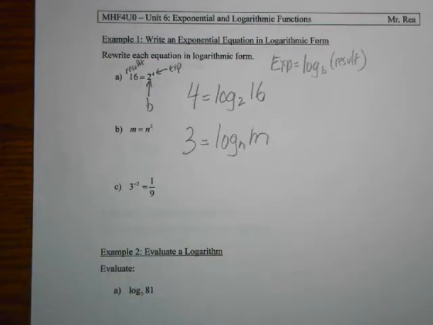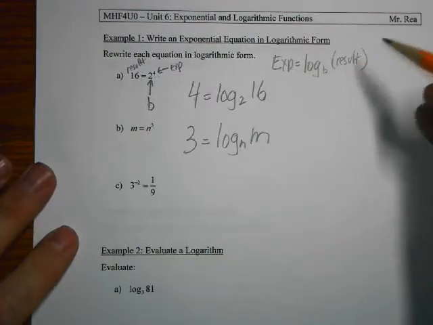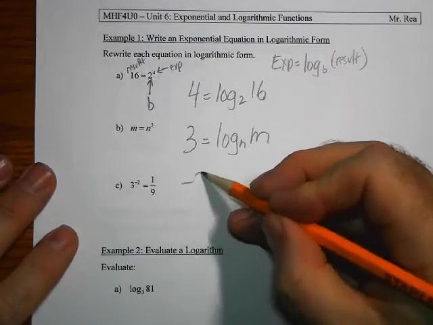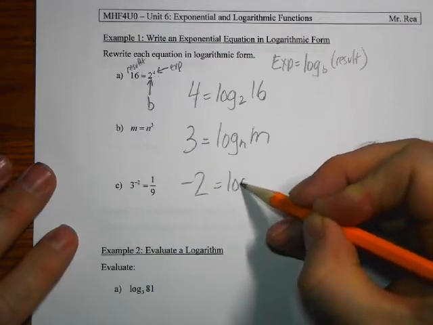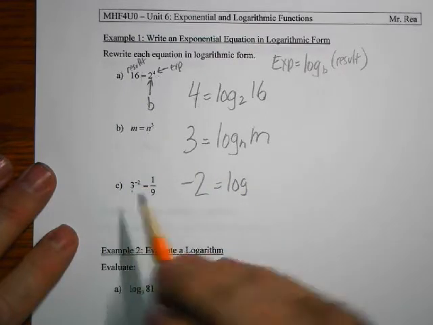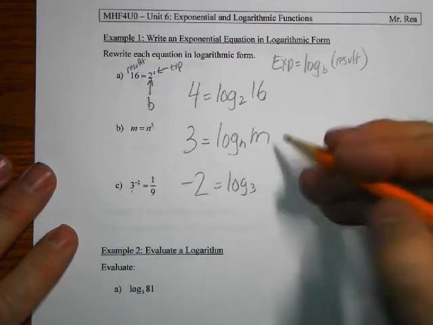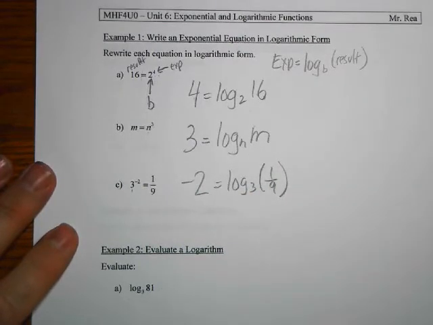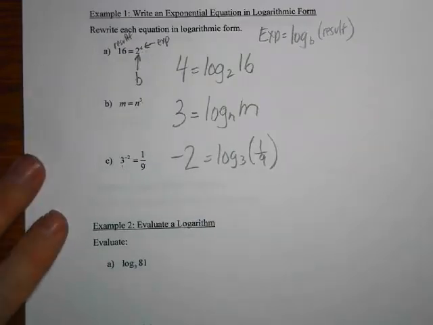Remember that from grade 10 and 11, I hope. So again, writing it as a logarithm, we want the exponent. The exponent is negative 2. That's equal to the log base 3 of the result, which is 1/9. Hopefully that makes some sense.